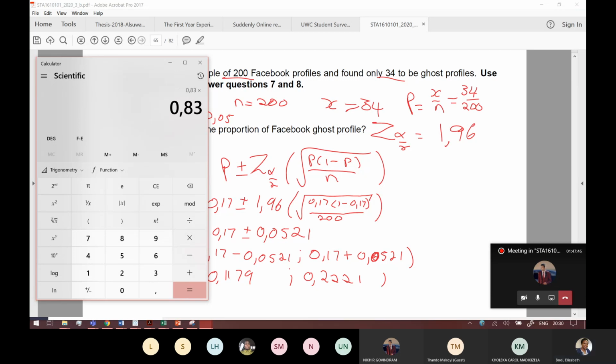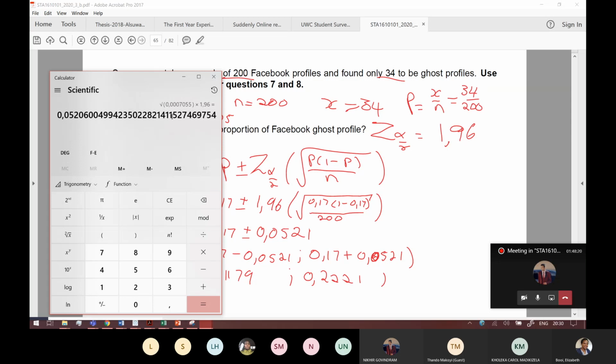Multiply that with 0.17 equals, and divide that by 200 equals, take the square root of it and multiply that with 1.96 equals 0.05206007. Yeah, I see that.